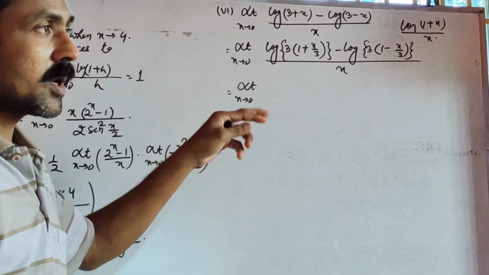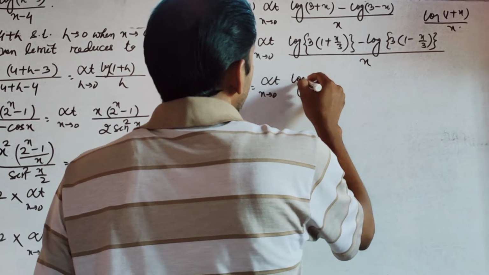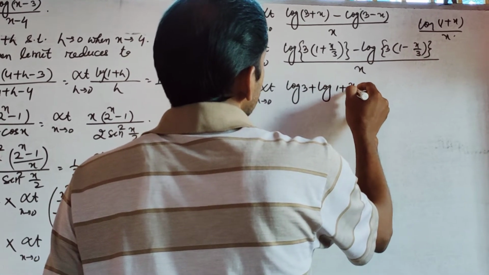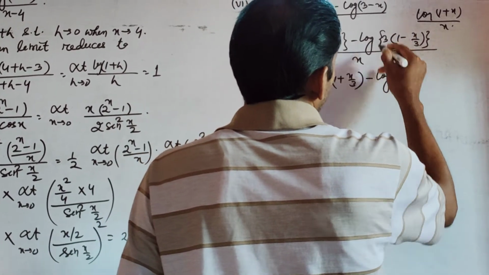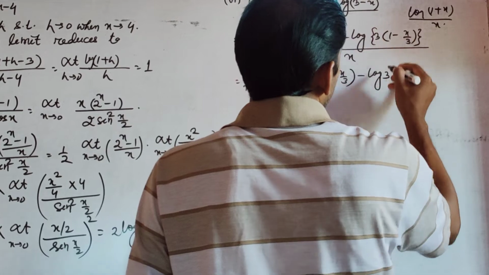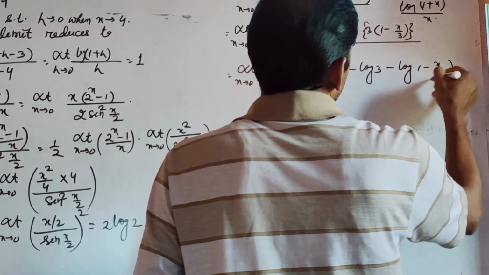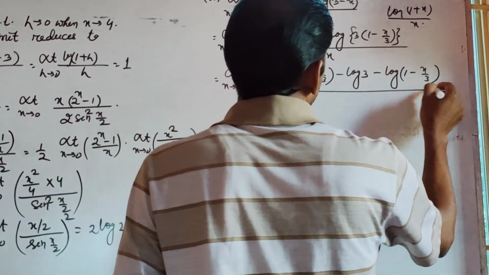Formula I have given, property log AB is log A plus log B. So you can write it as log 3 plus log 1 plus x by 3 minus log 3, okay, minus log 1 minus x by 3 whole divided by x.